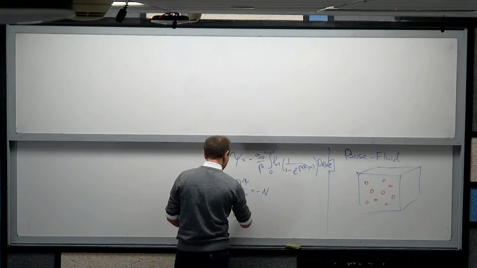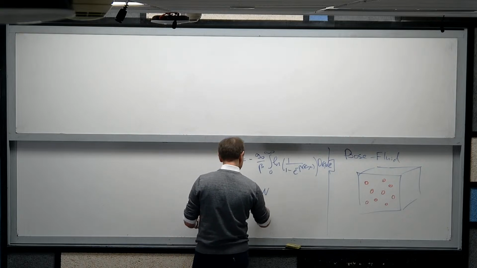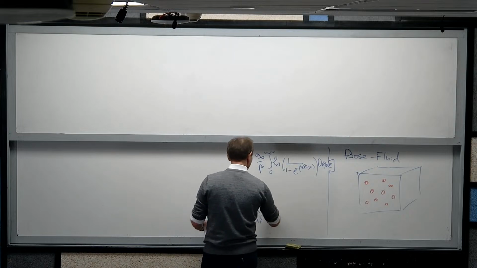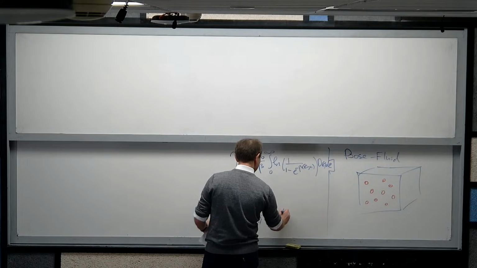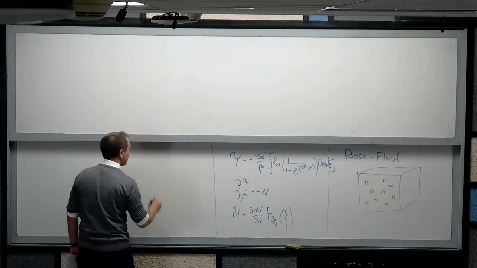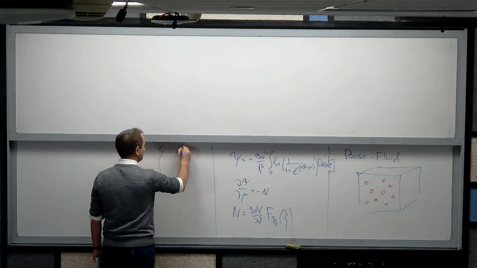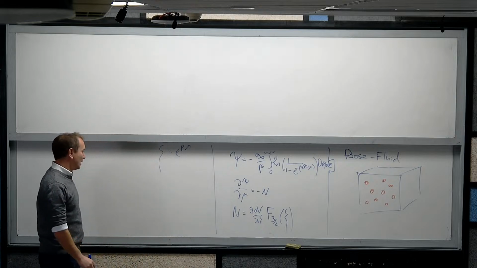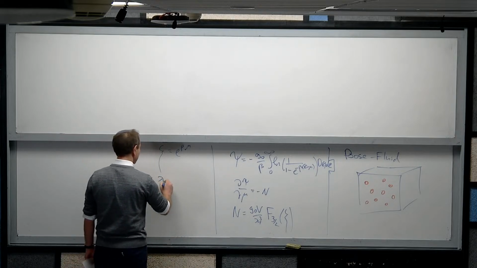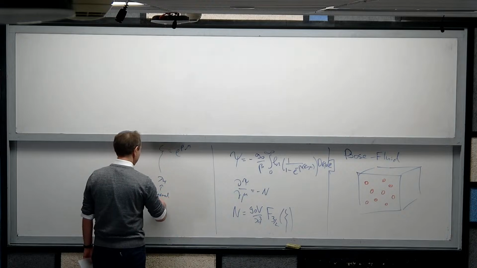and we obtain a wonderful result for N. N was g0 divided by lambda_T to the third power, times the polylogarithmic function f_{3/2} of the fugacity, where the fugacity is e to the power beta mu, and lambda_T is the thermal wavelength.